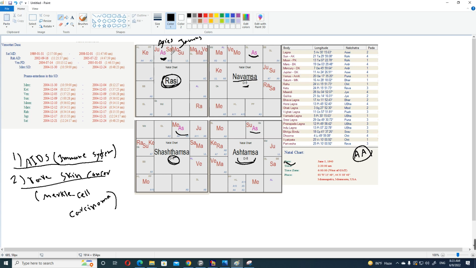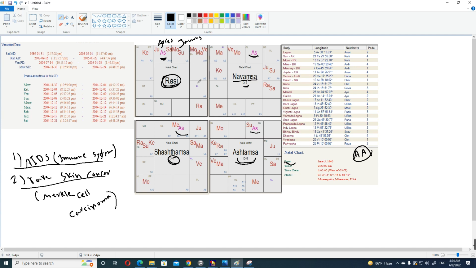Jupiter and Saturn are placed in the first house, because the ascendant is placed here. Then Jupiter and Saturn are in the first house and in the sign of Aries. Moon and Sun are placed in the second house, in the sign of Taurus. Mercury, Mars, Venus are placed in Gemini, third house.